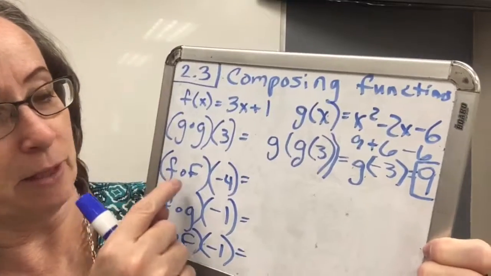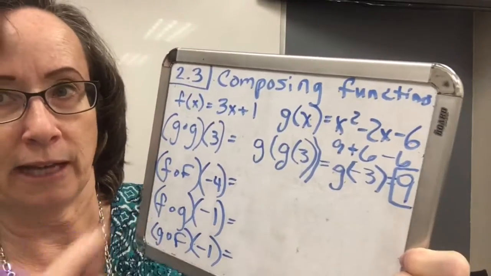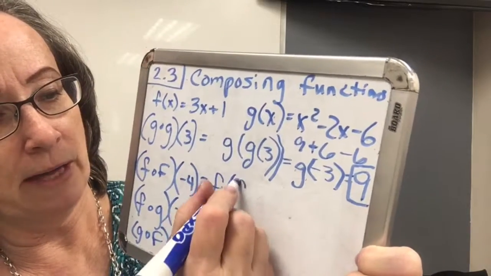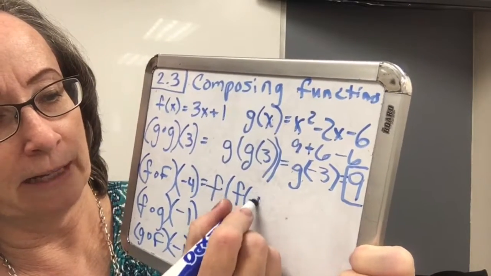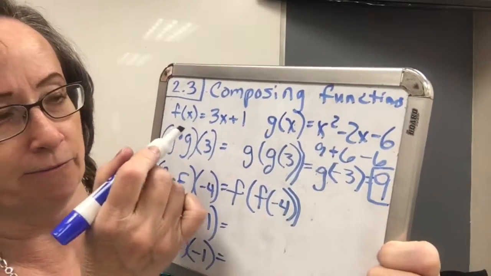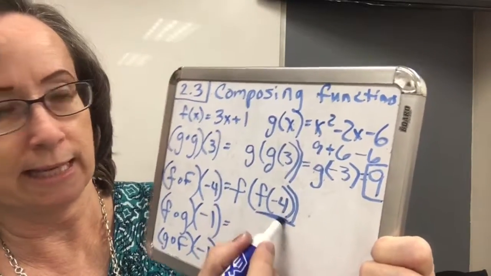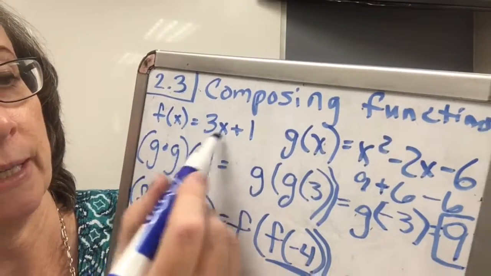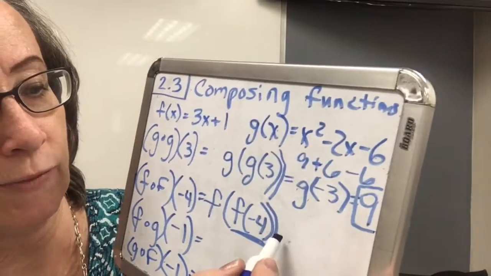Now we're doing f composed with f of negative 4, which is the same as f of f of negative 4. So we're going to plug a negative 4 into the f function to see what this is. We plug in a negative 4 here, and we're going to get a negative 12 plus 1, which is a negative 11.